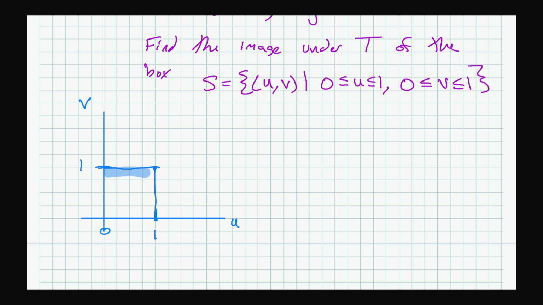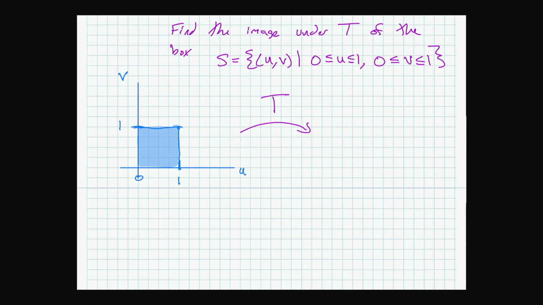So we're looking at a box like this, 0 to 1, 0 to 1. Then we're going to apply T, and what does it look like? I'll draw a set of axes here, but we might have to change them because we don't know what this actually looks like. What we want to know is what happens to the box 0 to 1.